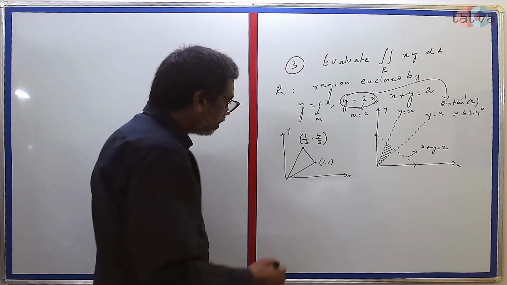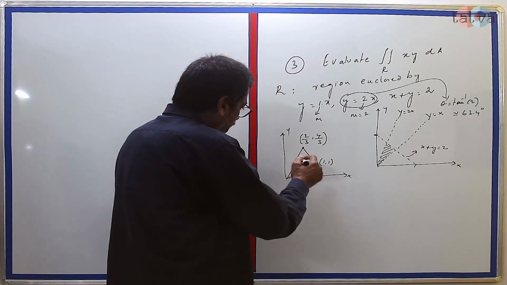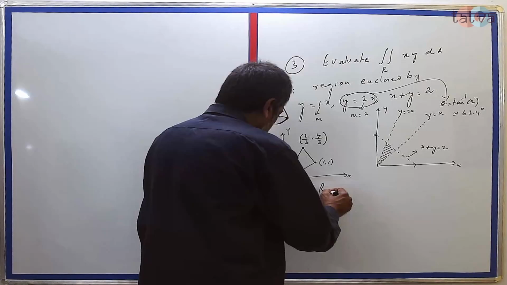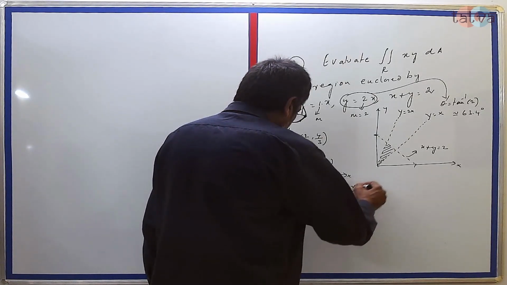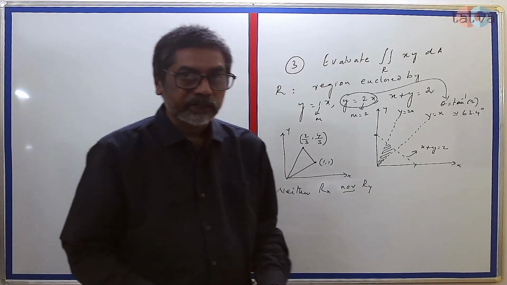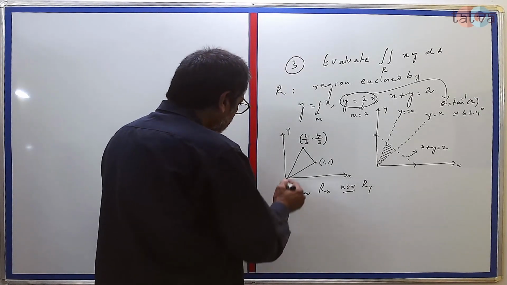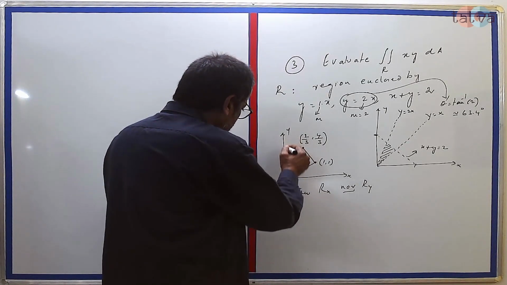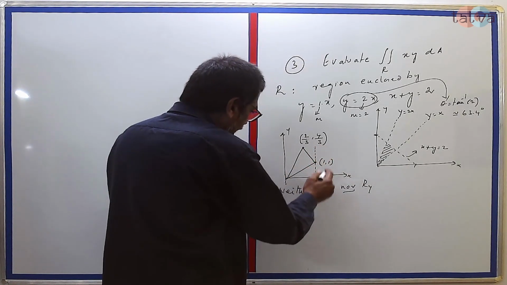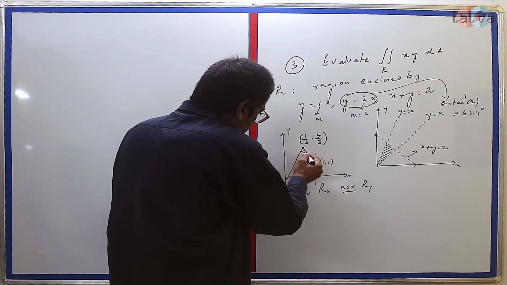Okay. Now, if you look at this region, it's neither Rx nor Ry. Why? Because if you think it's Rx, then I should be having the region trapped between these two vertical lines.